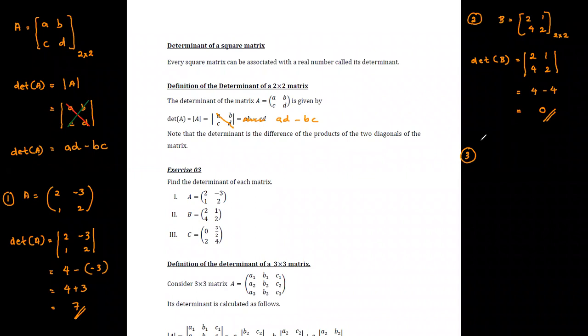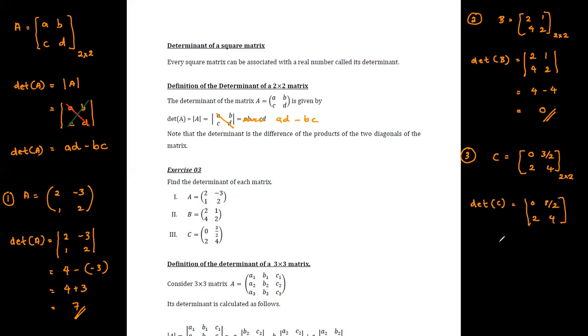The third one, matrix C, is given as 0, 3 over 2, 2 and 4. This is also a 2 by 2 matrix. Then we can get the value for the determinant of C, which equals the determinant of 0, 3 by 2, 2 and 4.